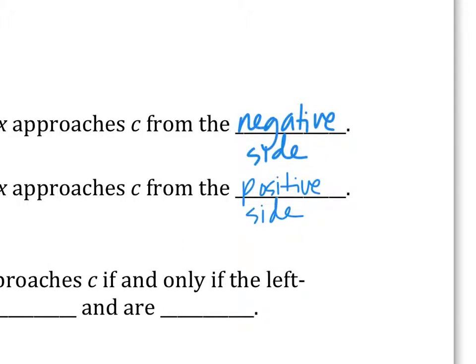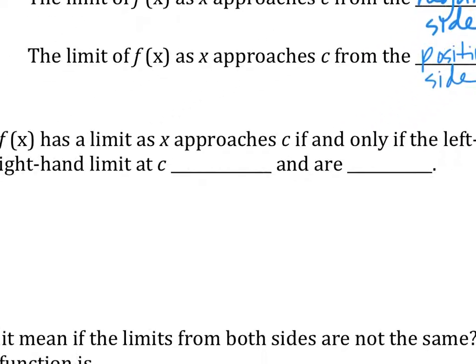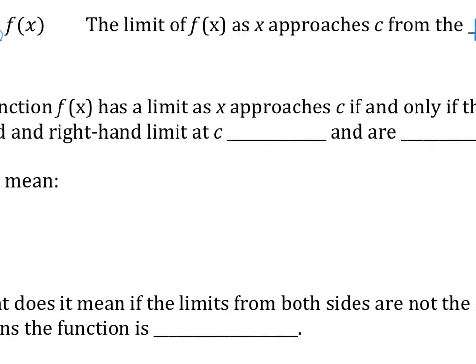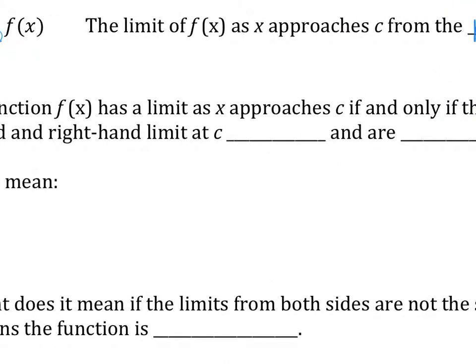All right, next part is a very important part. A function f of x has a limit as x approaches c if and only if. Okay, if and only if in math is a very, very important thing. It means unless this happens, it will not work. So that's why they put, it's not if this happens, it's if and only if. So if and only if is very important. If and only if the right-hand side and left-hand side limits exist and are equal.